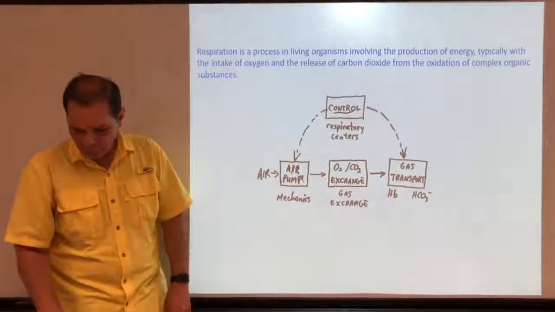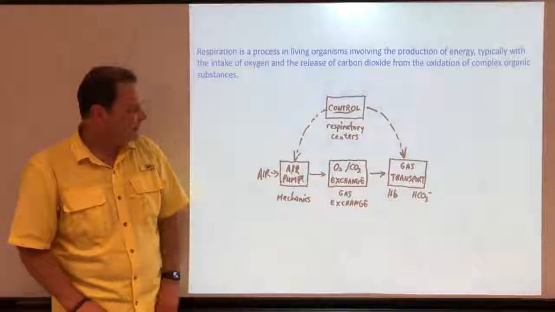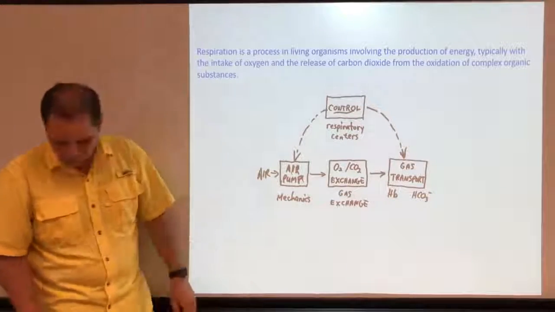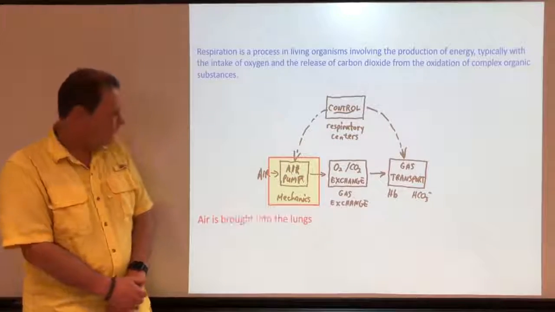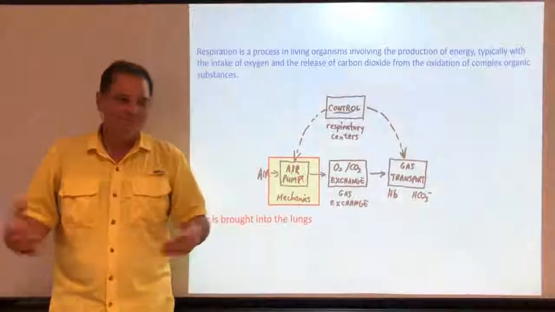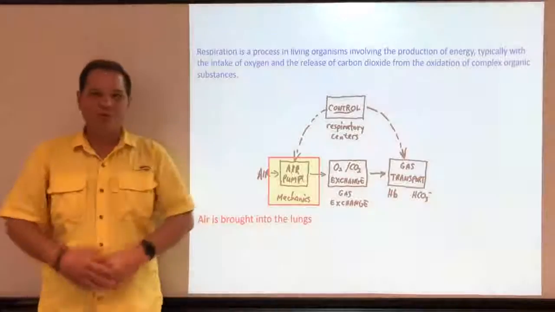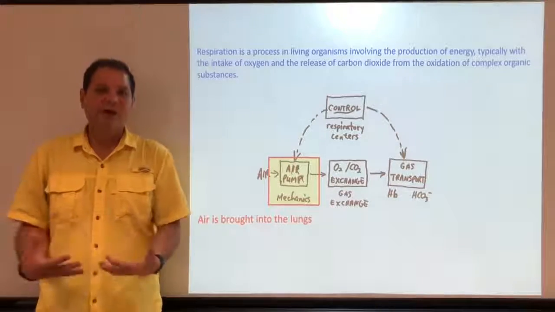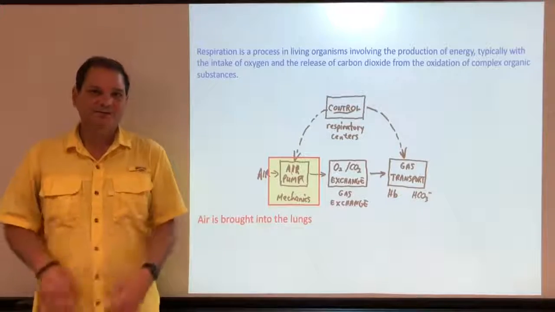All right, so these are the general components of the process of respiration. We'll start with the mechanics. This is basically the process by which air is brought into the lungs. And as you'll find out in a second, the lungs are basically just a pump. And you pump air in and you expel it out.